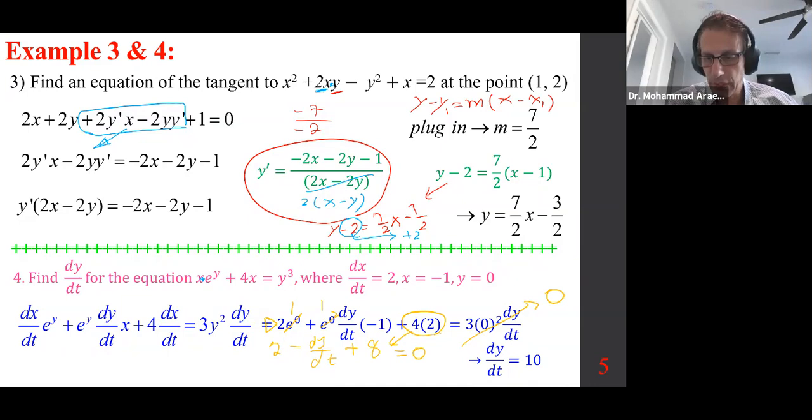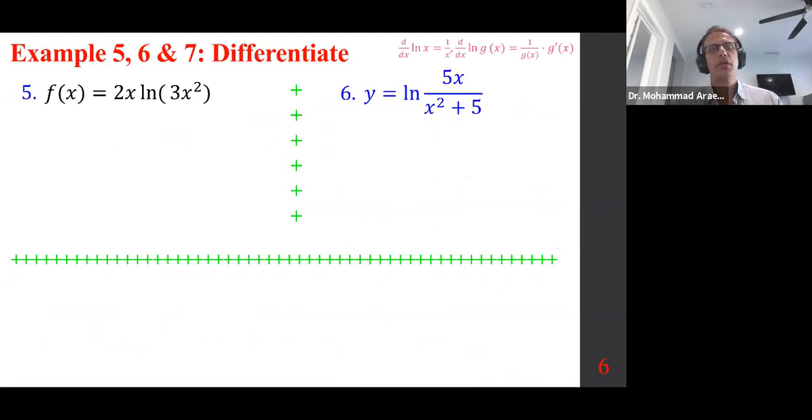Let's go to the next question. We are differentiating these questions involving a natural log. So this is 2x times ln of 3x squared. Class, notice ln of 3x squared we can simplify.